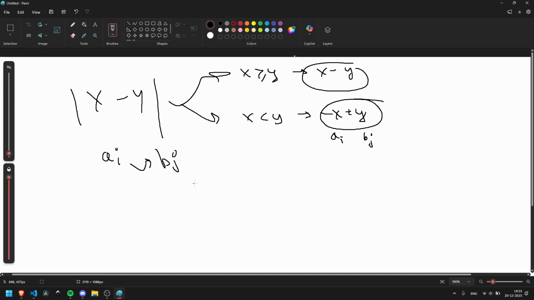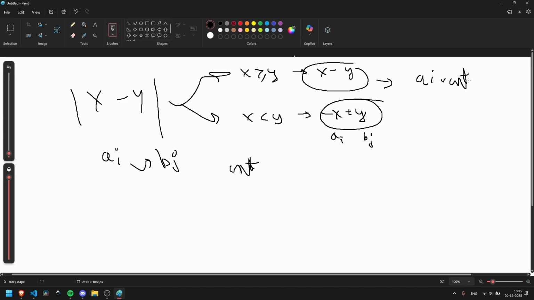Now the thing is, for some ai, if we assume some cnt to be the count which is less than or equal to y, right? Let cnt be the count of bj's which are less than or equal to ai. So this just becomes ai into cnt.